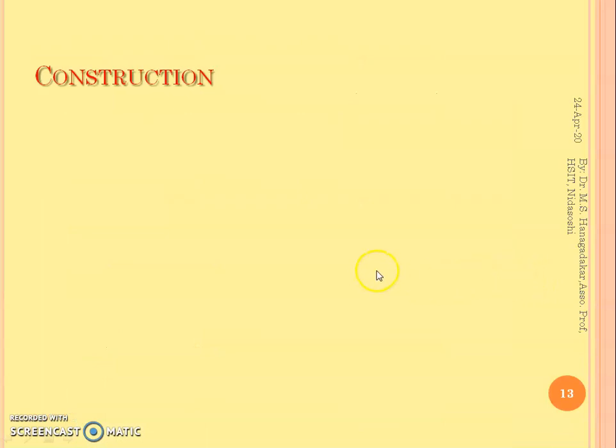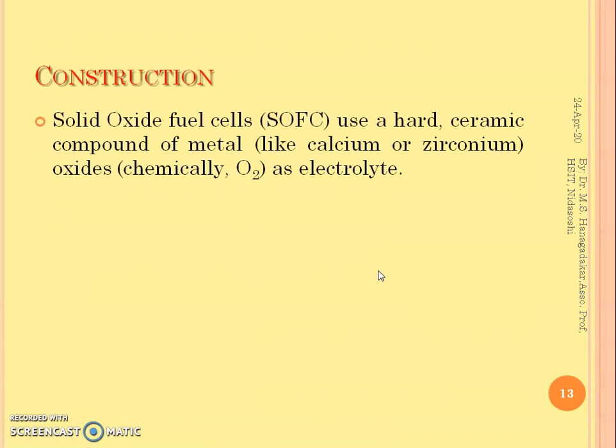Let us first discuss the construction of the solid oxide fuel cell. Solid oxide fuel cells use a hard ceramic compound of metal oxides like calcium or zirconium oxide. Chemically, O2 minus acts as the electrolyte.